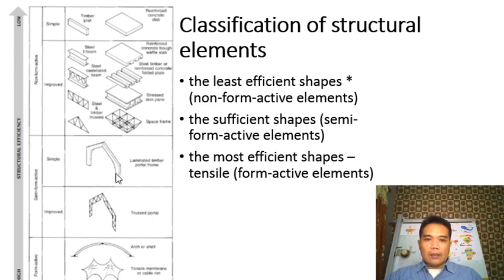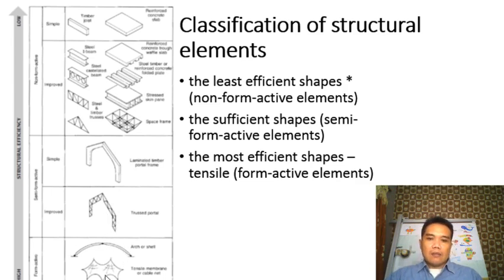But this single element again can be replaced by the truss. So this truss can be used instead of a single element in order to make a more efficient shape.